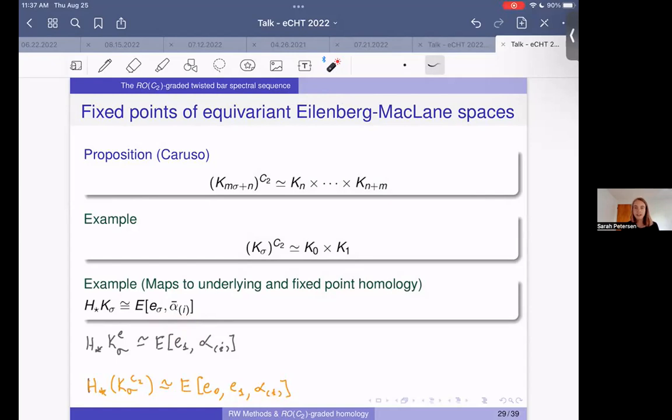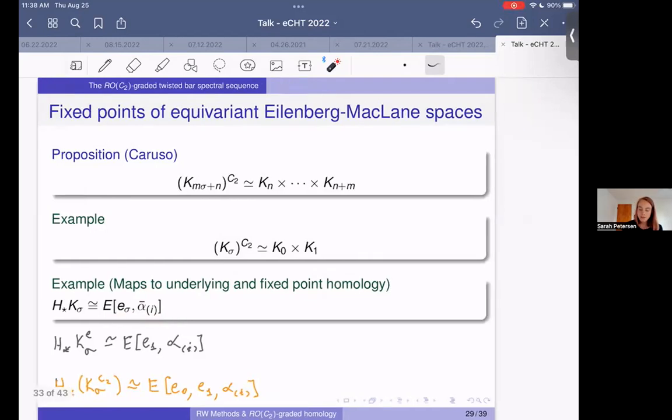And understanding these maps gives an alternative proof to this computation that the homology is exterior on these generators, as long as you knew that these generators existed.